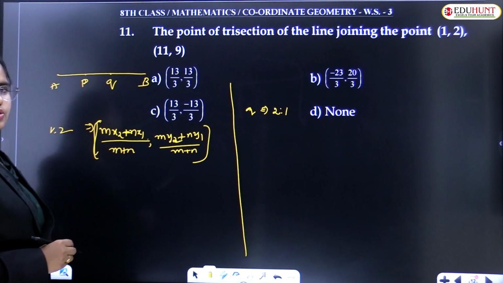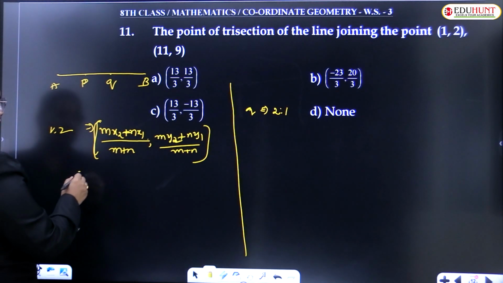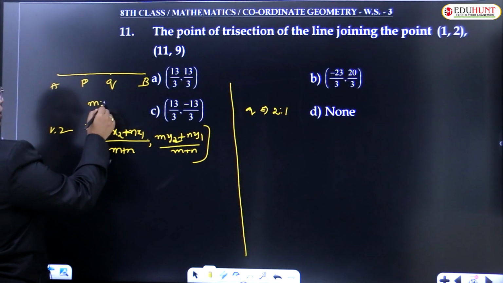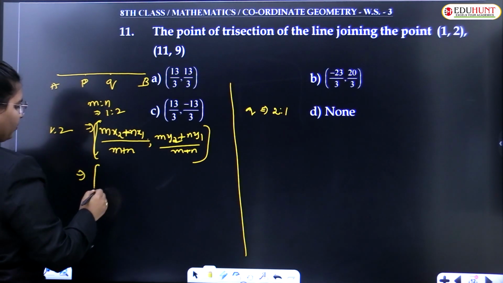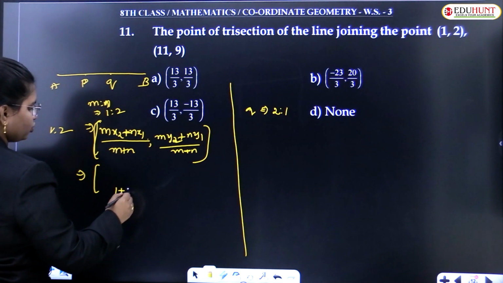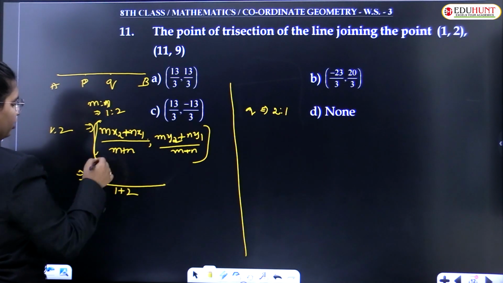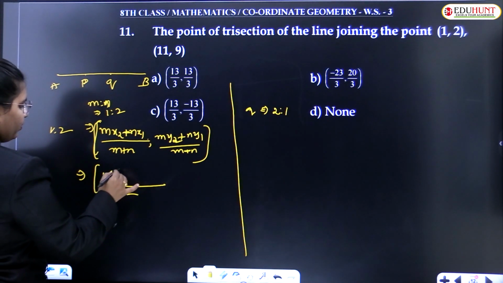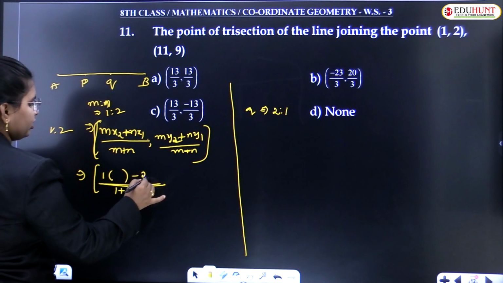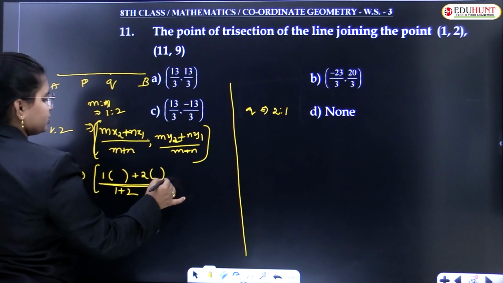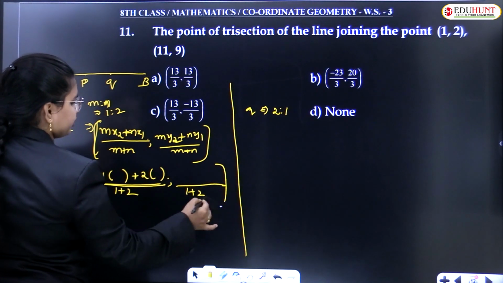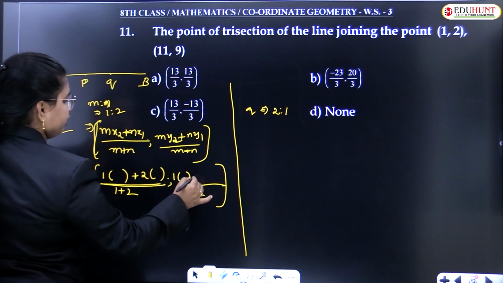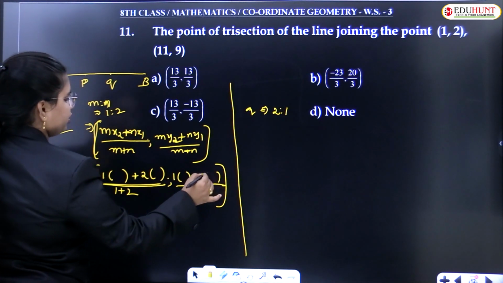So we'll apply all the formulas. What is m is to n in this? m is to n is equal to 1 is to 2. So we'll apply here 1 plus 2 divided by, so what is m? m is 1 plus n is 2, right? Similarly 1 plus 2 bracket close, m is 1 again and this is 2 again, right?